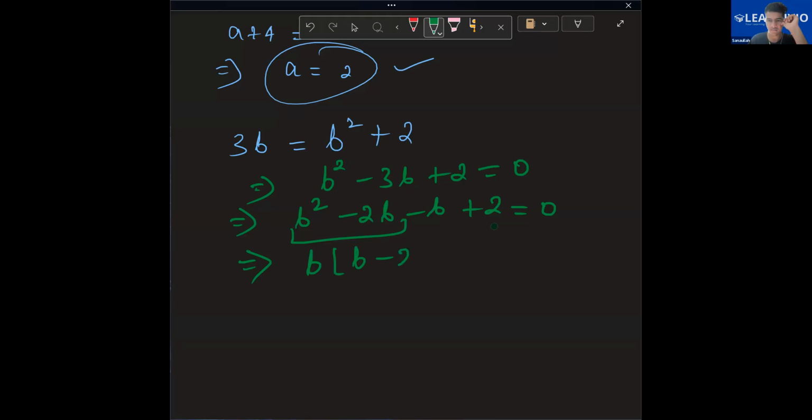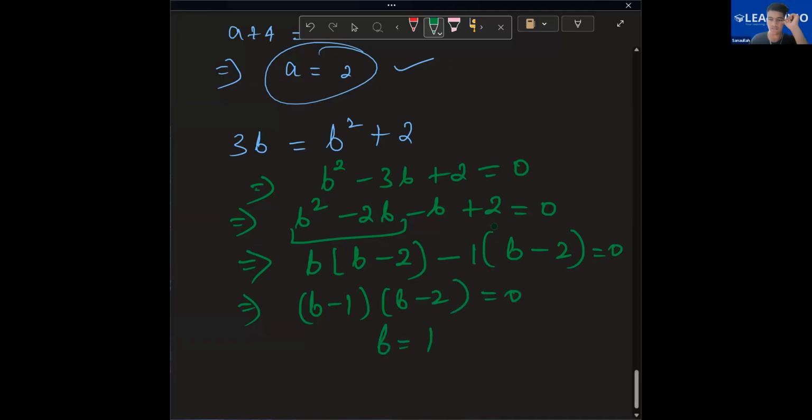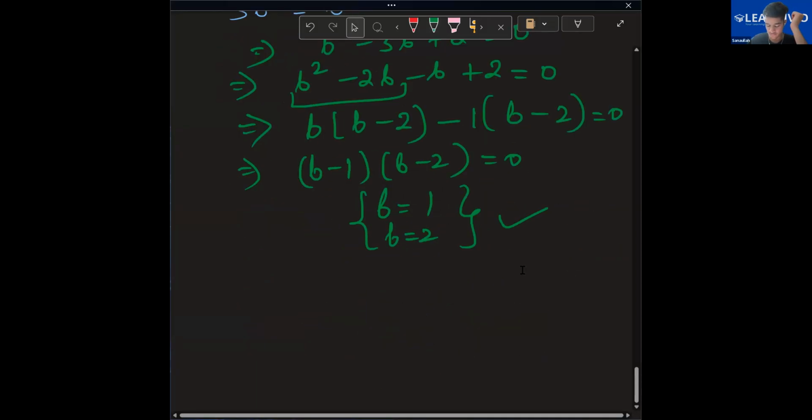Then you can write it as b minus 2, then take 1 common, then b minus 2. That is also the same thing you are telling me. So b minus 1 and b minus 2 is equal to what? 0. So you have b equals 1 and b equals 2. You have two values of b. So that should be the complete answer.